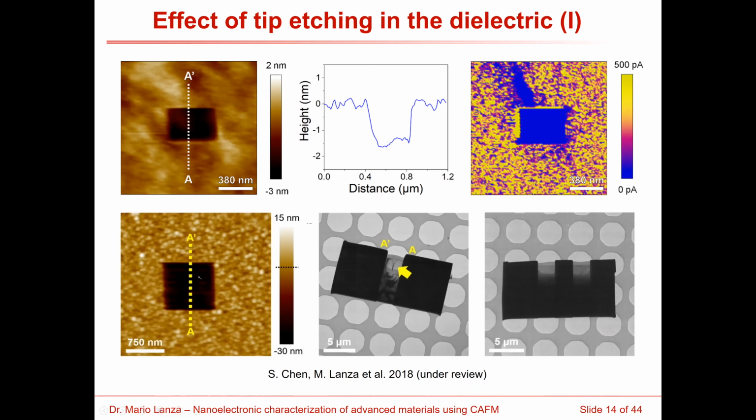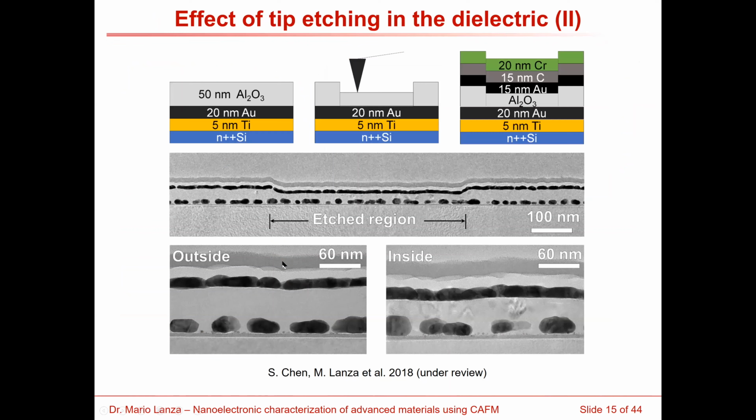Actually, this is also something we are observing in other materials. And we have analyzed the etched region by cross-sectional TEM, and we can observe very clearly that inside the etched regions, we can observe some dark particles that are not present outside the etched regions, which means that the tip pressure has induced these particles. And these particles we have analyzed with higher resolution.